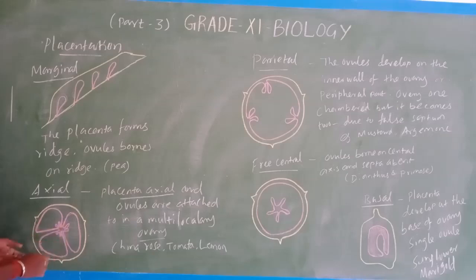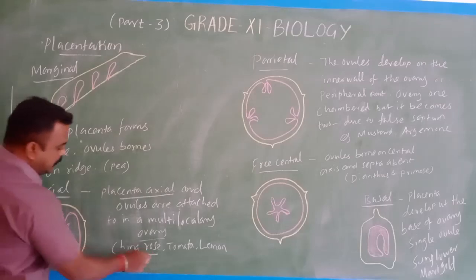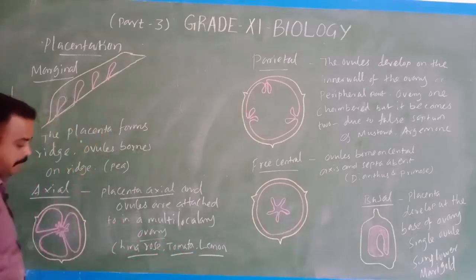In the central axis, the ovules are arranged. Examples are China rose, tomato, and lemon.